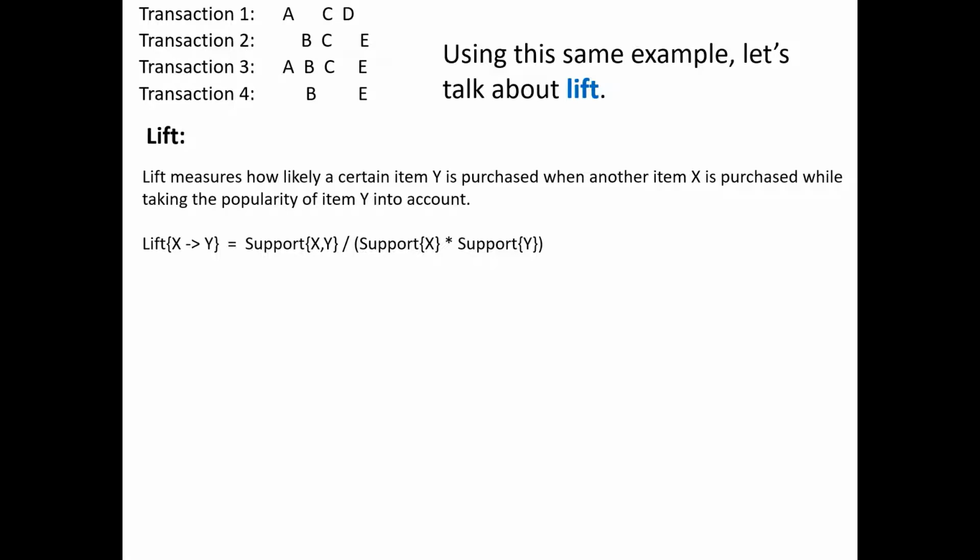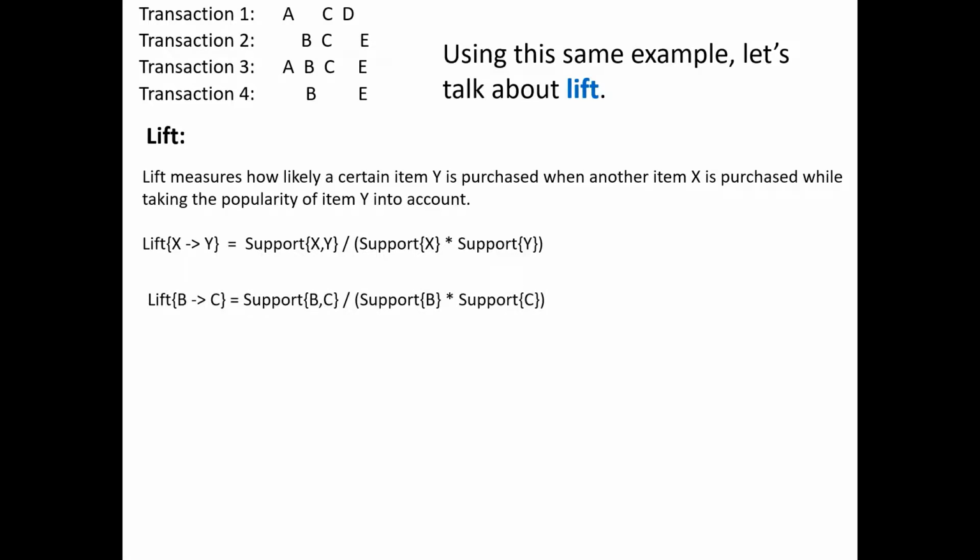So that support X times support Y, that's the entire bottom. It's not like we're going to just have the support of X on the bottom. We actually have support of X times the support of Y. That's the denominator for this formula.